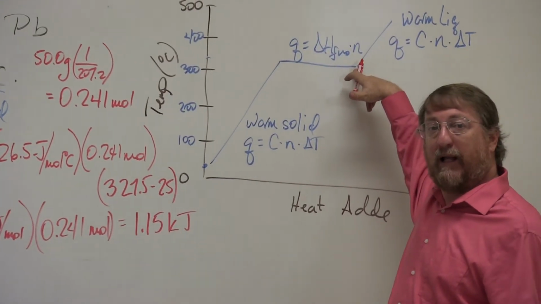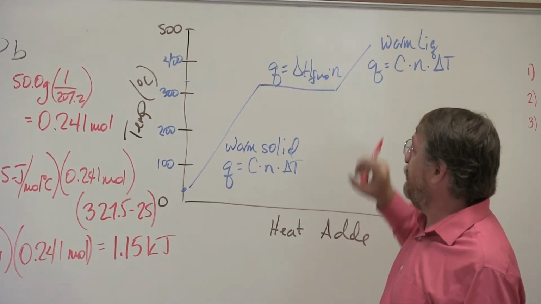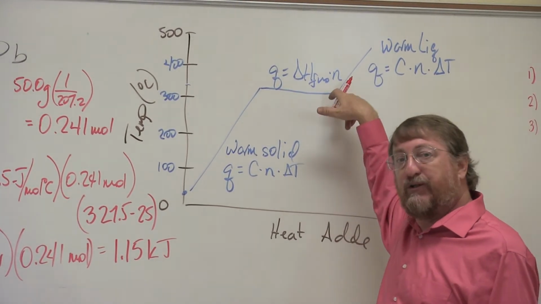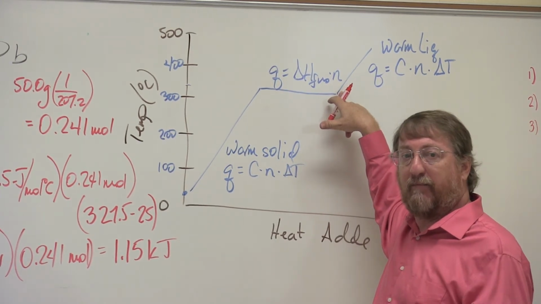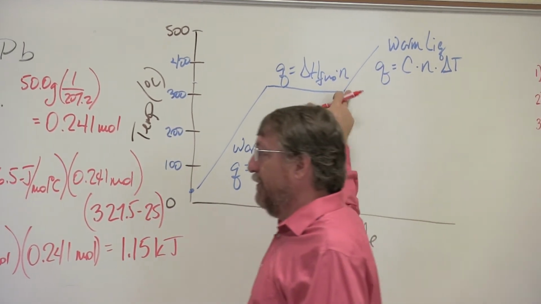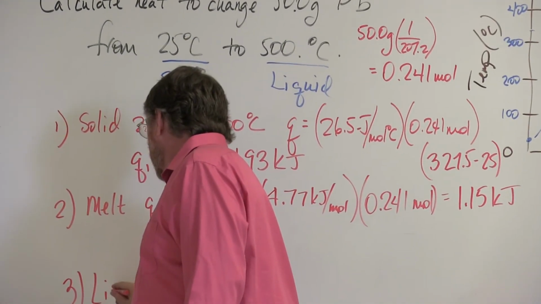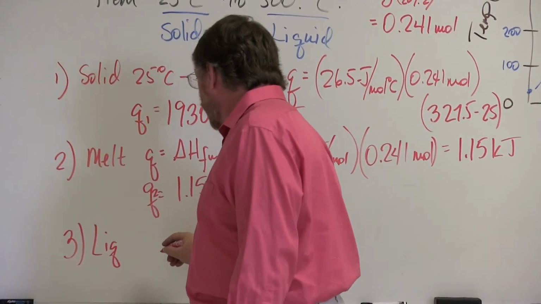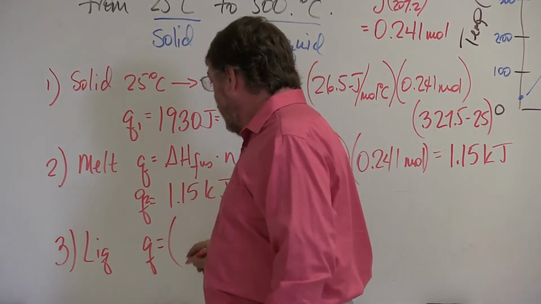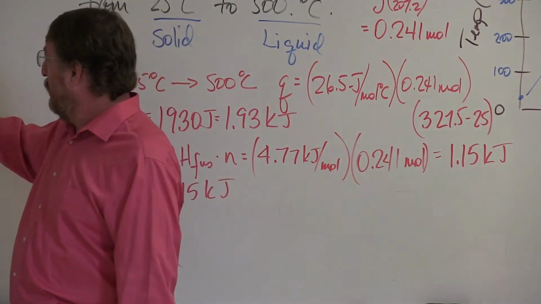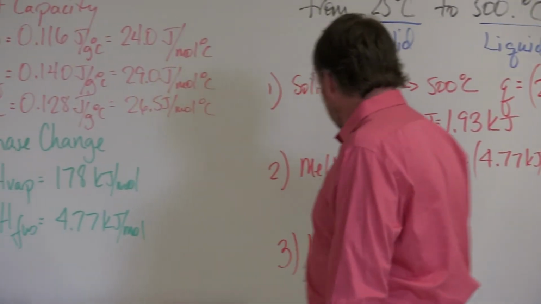Now, once we've melted it, we're sitting right here on the end of the line. We've got liquid lead, molten lead. So we're going to take that liquid lead and raise its temperature to 500 degrees. But remember, the starting temperature here is the melting point. So we're starting at 327.5 and going to 500. So my third one is liquid. Q is going to be equal to Cn delta T. So I need the heat capacity of the liquid. In grams is 0.14, in moles is 29.0.